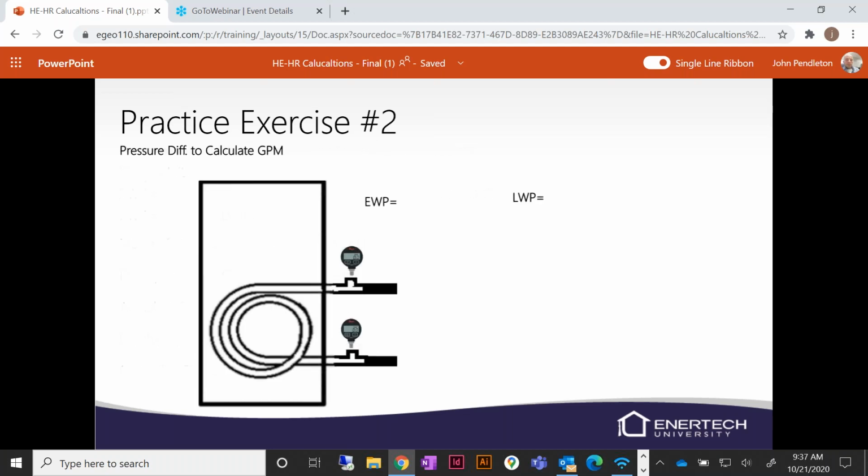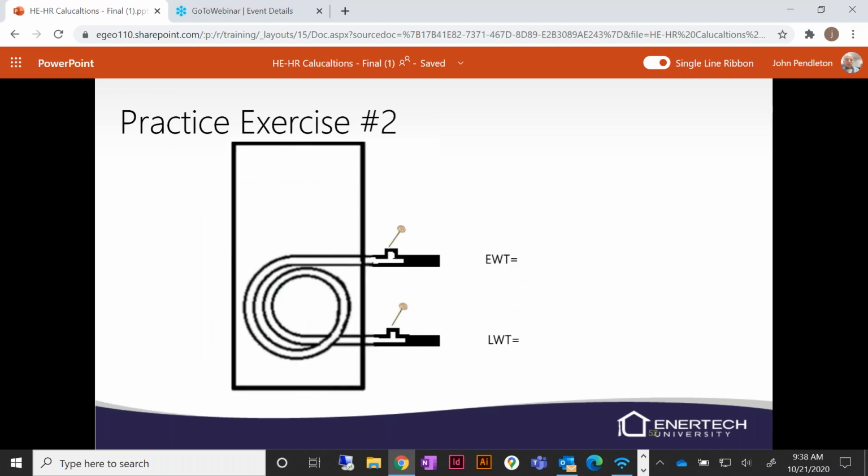So we'll look at pressure drop, 23.5 in, 21 out. So a 2.5 pound pressure drop. Entering water temperature of 48.7, and we're leaving at 67.9. So the water temperature coming in is less than the water going out.